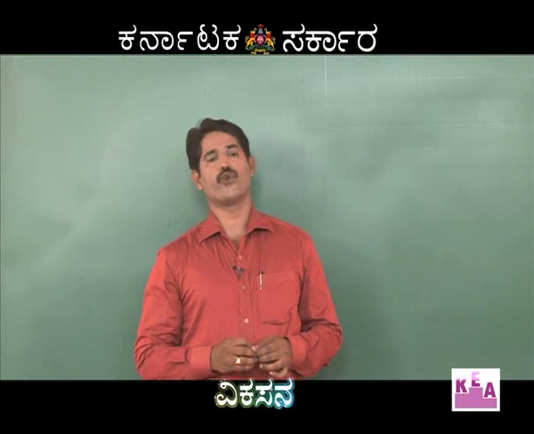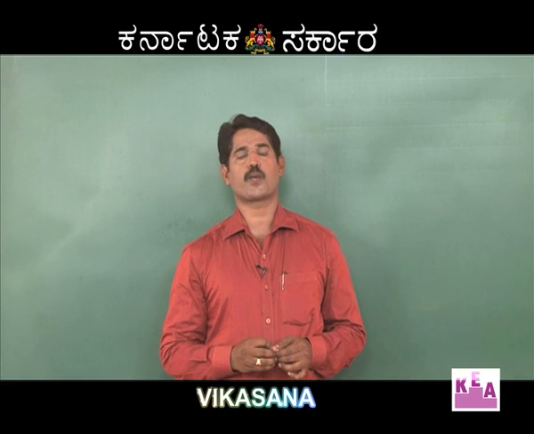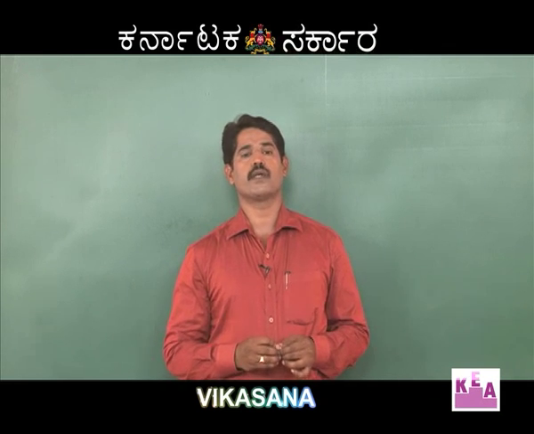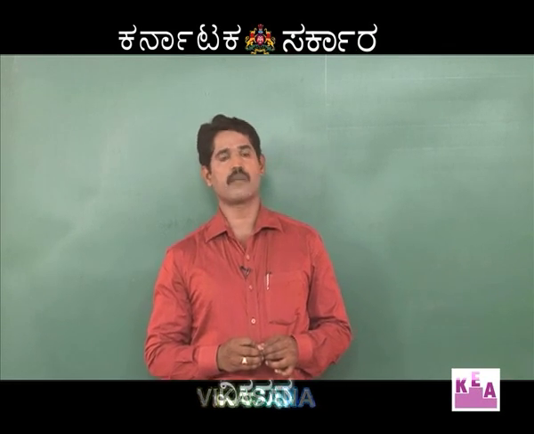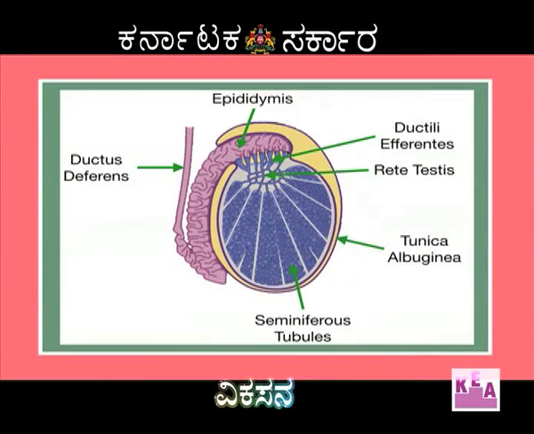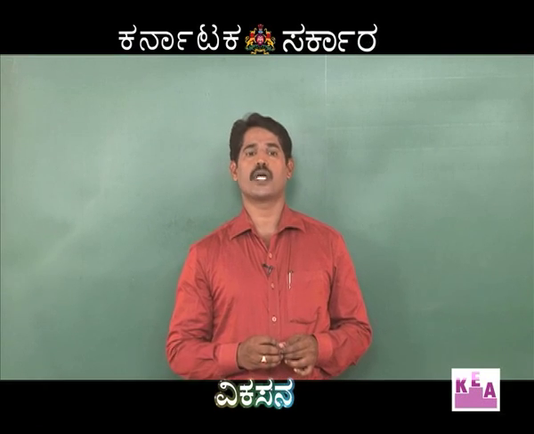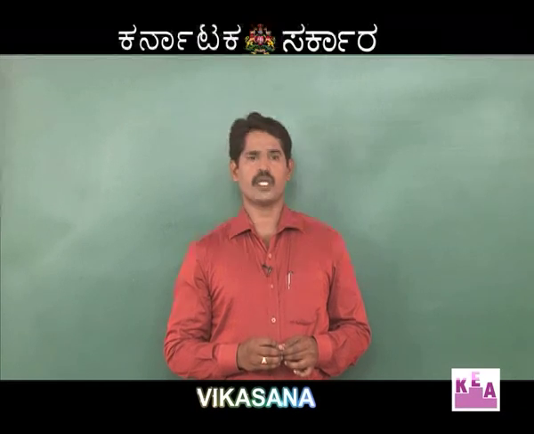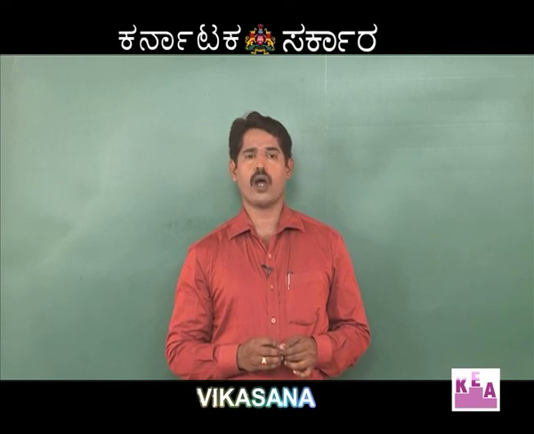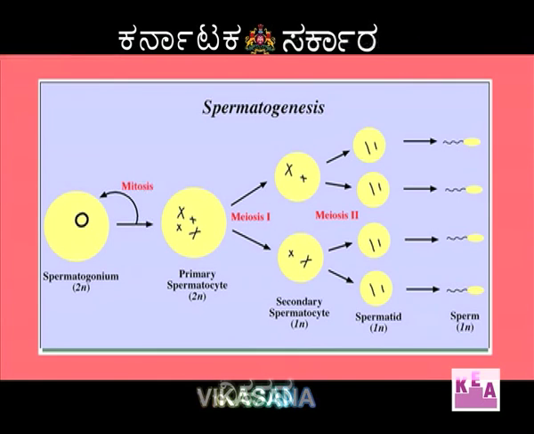Dear students, if you look into the process of spermatogenesis, inside the seminiferous tubule you can find the spermatogonial cells, which are diploid cells. These spermatogonial cells on growth become primary spermatocytes, which are also diploid. The diploid primary spermatocyte undergoes the first meiotic division to form two secondary spermatocytes.